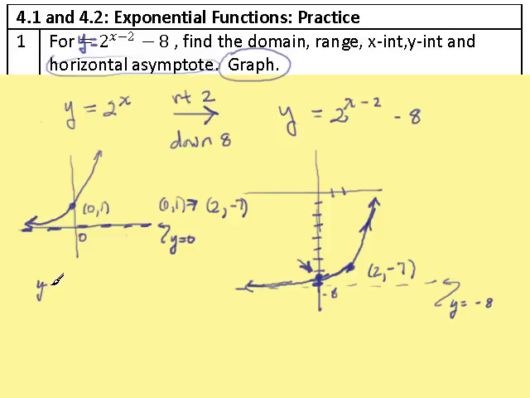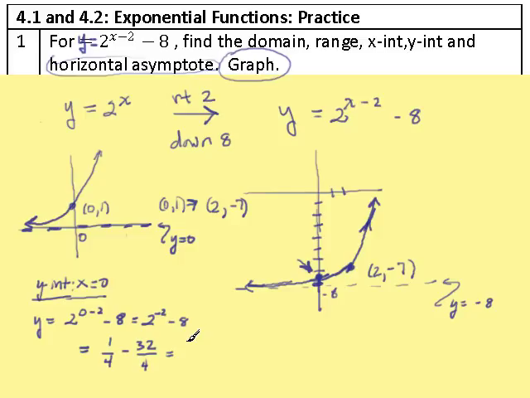Let's find that here. So to find the y-intercept, we're setting x equal to 0. So we have y is equal to 2 to the 0 minus 2, minus 8. That's 2 to the minus 2, minus 8. 2 to the minus 2 is 1 over 2 squared, so that would be 1/4. 1/4 minus 8. 8 is 32 over 4.